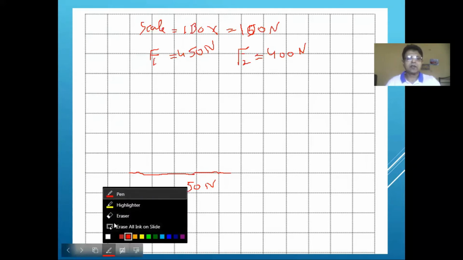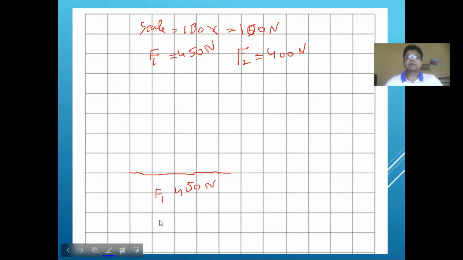Then again, I will make another force which is 400 Newton. I will take it from the starting, from the head. I will make again this 400 Newton F2, making a 39-degree angle with the x-axis. So using a compass, I will fix the angle over here, and from here I will find another 400 Newton, meaning four boxes: 1, 2, 3 and 4.